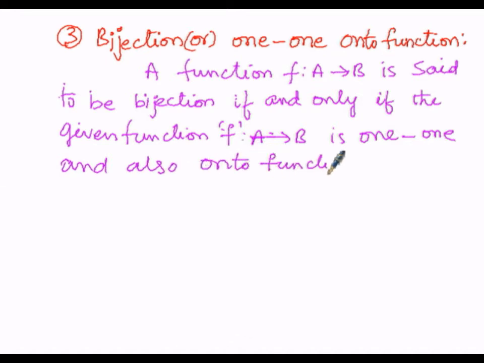So it must be one to one as well as onto, then only it is called a bijection. Now here is one illustration under this.